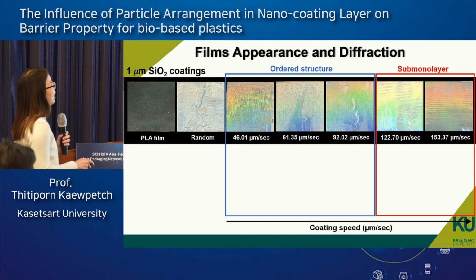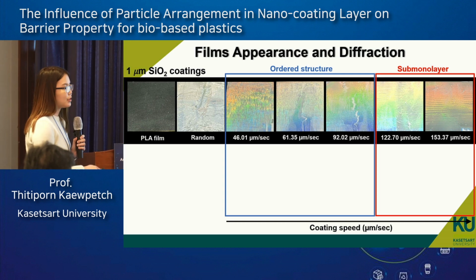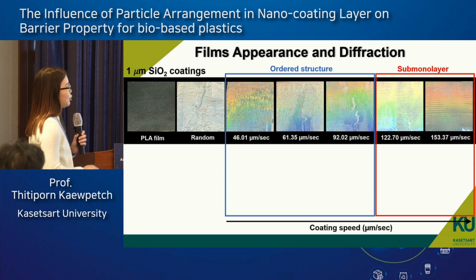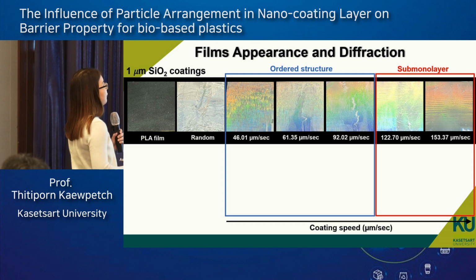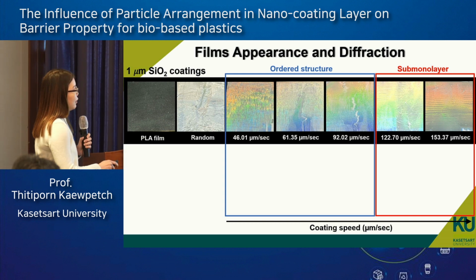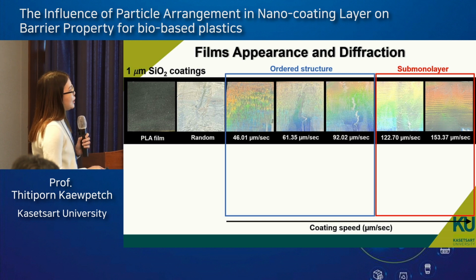This is the film appearance and diffraction of the 1 micron silica particle coating. From this technique, we get three structures. The first one is the random structure right here, which we get from blade coating, and you get the ordered structure and the submonolayer from the convective deposition technique, as I mentioned.